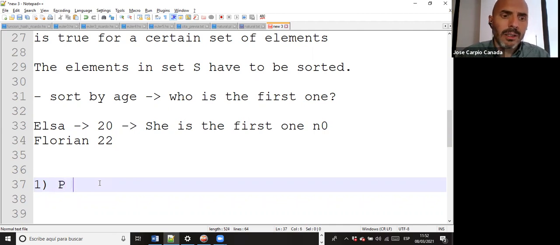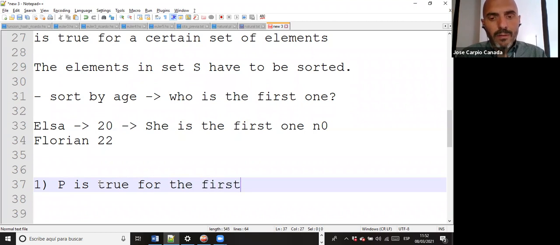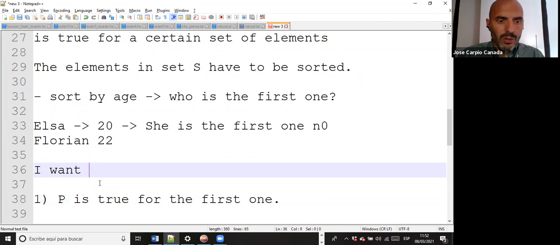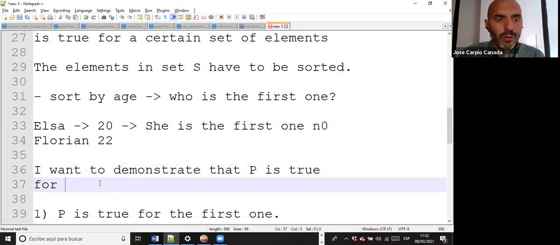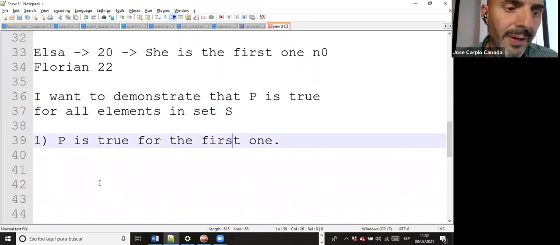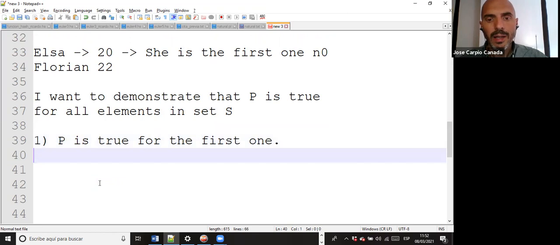Let's call it P. In Spanish it's property, or it can be seen as a concept or idea, but usually you use P. If I want to demonstrate that P is true for all elements in set S, the first part is that the property P has to be true for the first one.